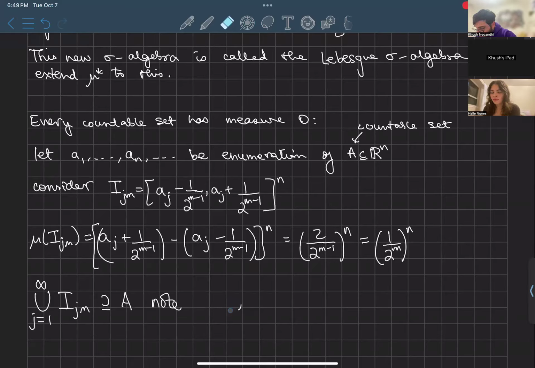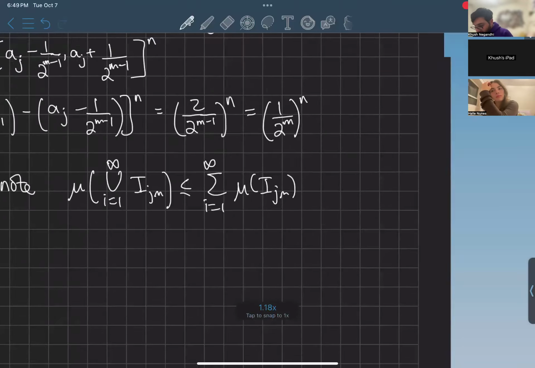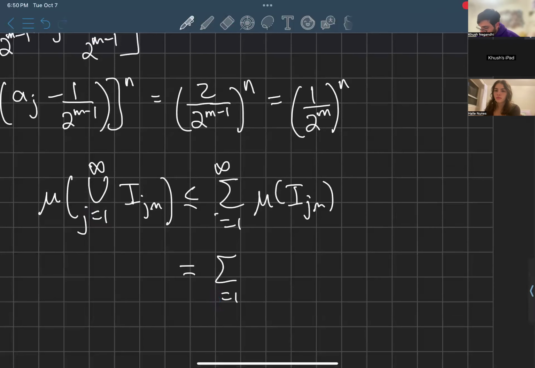These I, j, m's, we know that the measure is less than or equal to the sum of each of them individually, because they might not be disjoint. So it's the sum as j goes from 1 to infinity of mu of I, j, m. But what are these? Sorry, this should be a j over here. This is just 1 over 2 to the m to the power n.